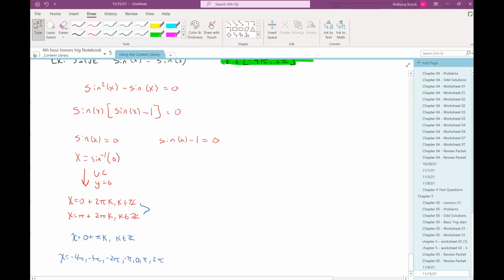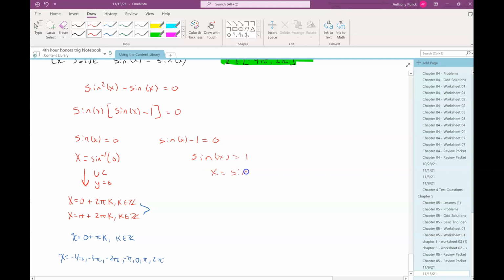So 0 plus pi k is going to give me all the multiples of pi that I want out of that, right? Mia? We only have to do the extra step of dividing if there's a coefficient on the x. Correct. Yes. Which in this case there wasn't, so I did not have to worry about that.